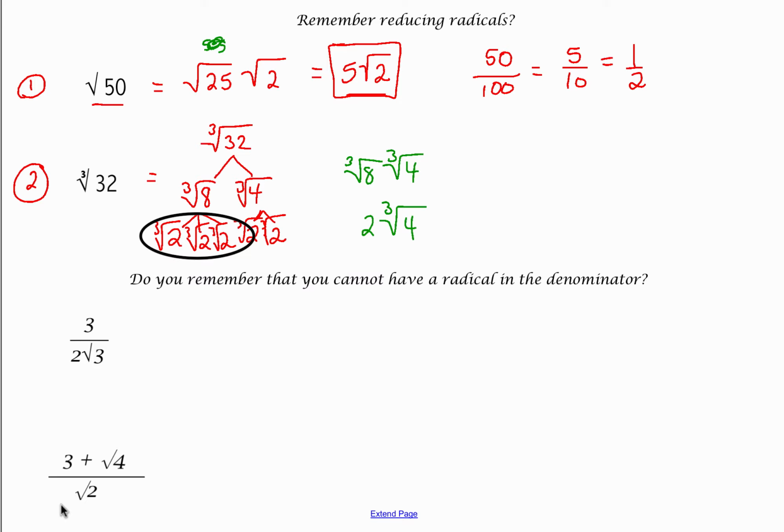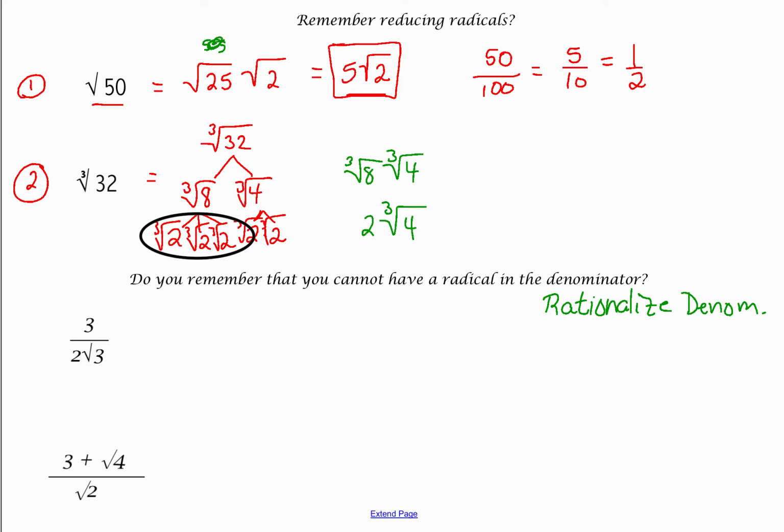And did you also remember that you can't have a radical in the denominator? So we did something called rationalizing. That means we want to get the radical out of the denominator.